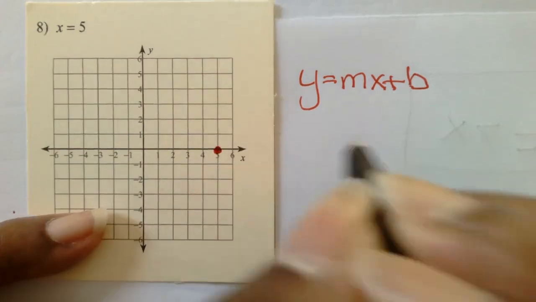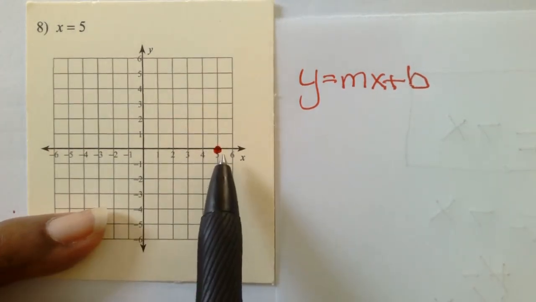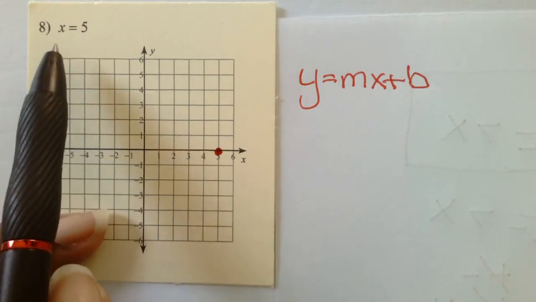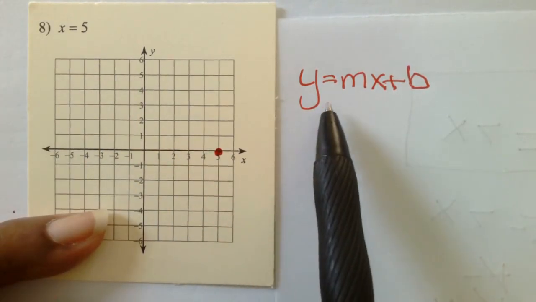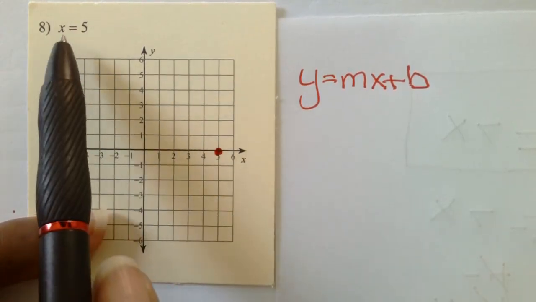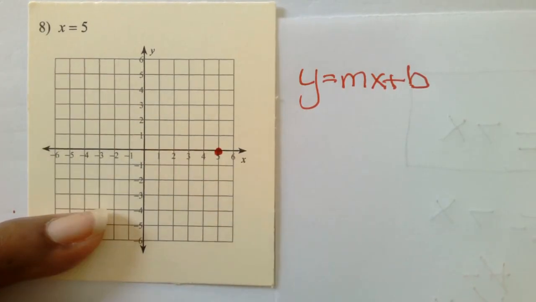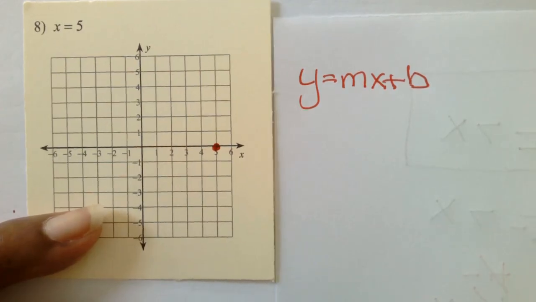And notice that point is on the x-axis. So for something like this, I don't see any y's. It's supposed to be y equals. I don't see any y's. I only see the x. So that should be the clue to tell you that the line that you're going to draw is only going to cross the x-axis.